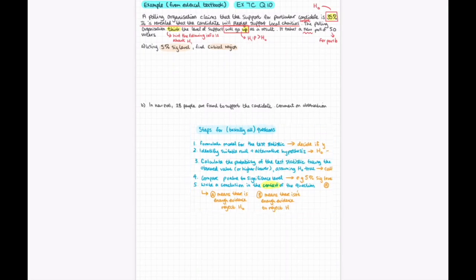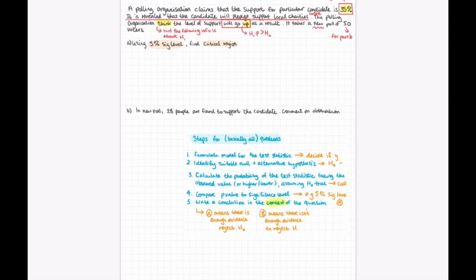So using the steps from before, number 1, formulate the test statistic. The test statistic is going to be the number of people who support the candidate.